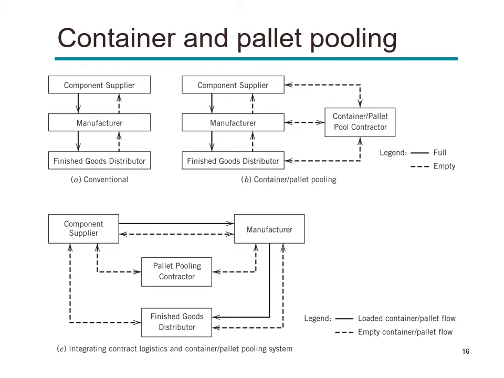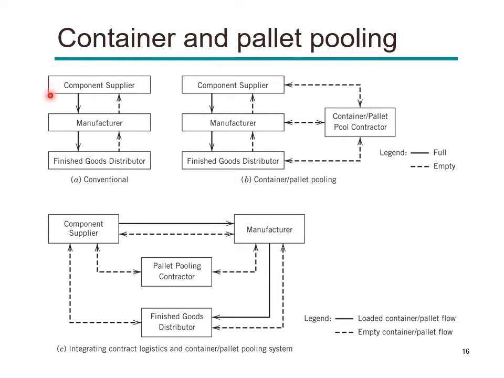These are the examples of managing these containers and pallets. So in the conventional method, the component supplier sends the item to the manufacturer. These solid lines show the full load, and these dashed lines show the empty load of the containers.